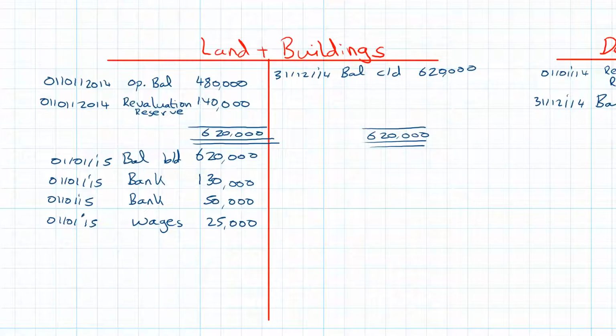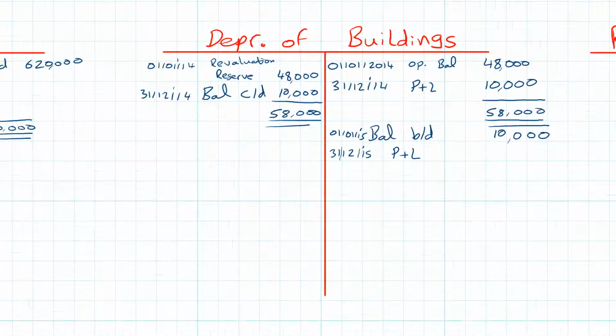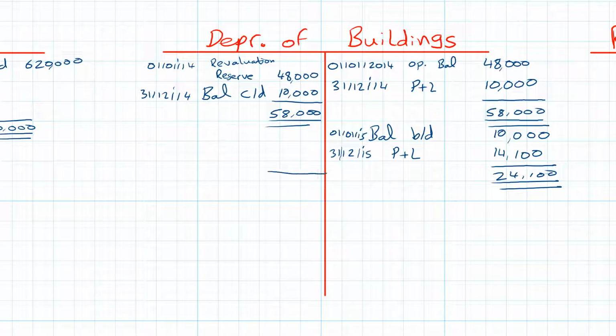P&L charge is 1,410. Now I can balance this. 24,100. Again, balance called down.